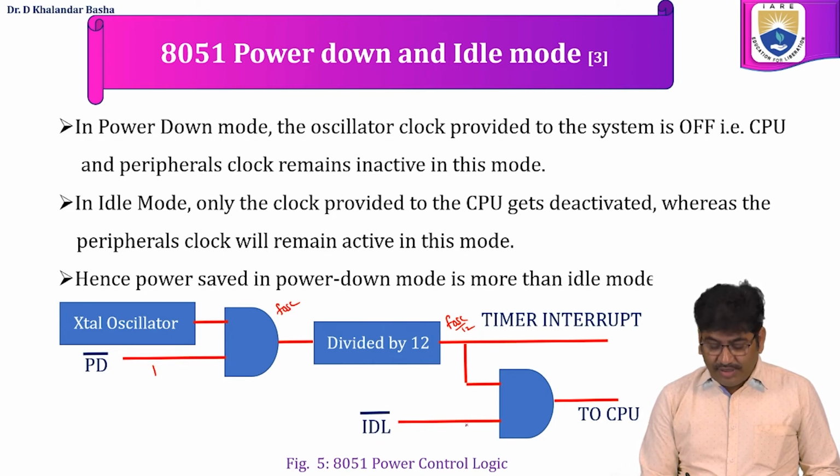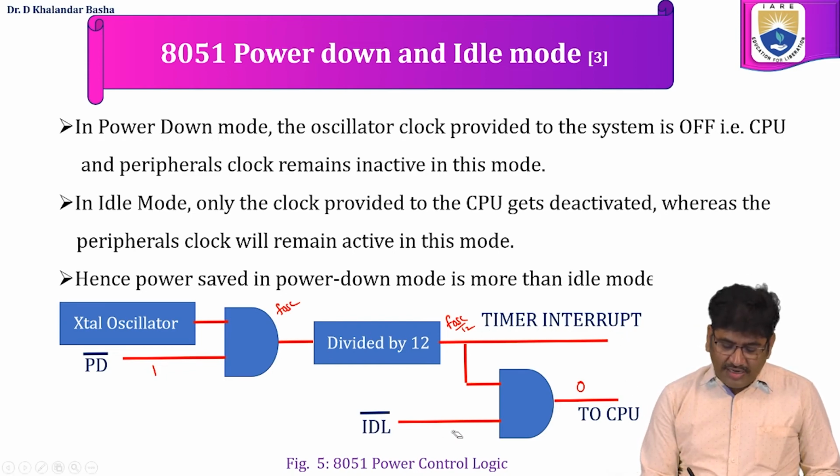Suppose the idle pin is active, that means idle bar is equivalent to 0, the output to the CPU is equivalent to 0. If you observe this case, when idle mode is active, the clock pulses are not transmitted to the CPU, whereas the same clock pulses are given to the peripherals.